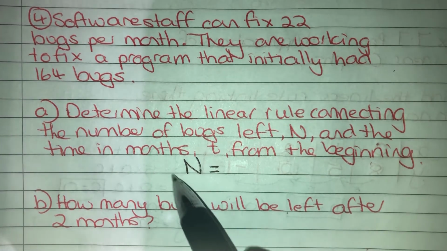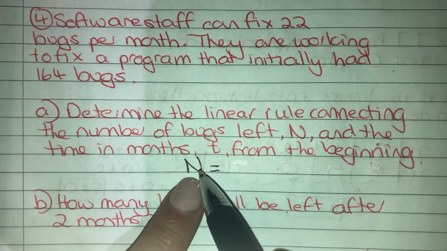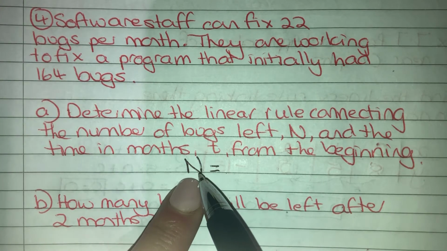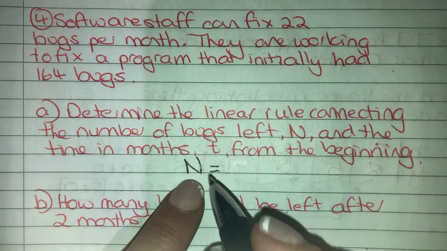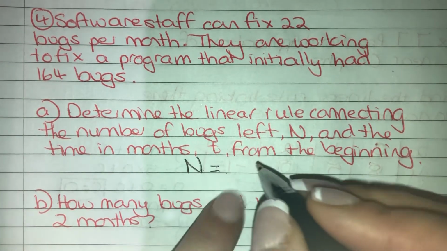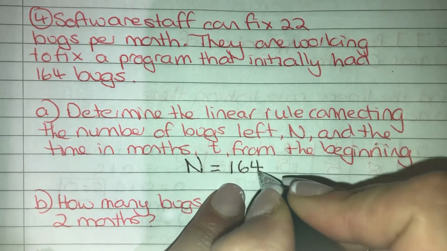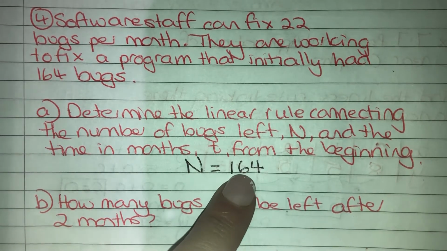So have a think about it. This is how many bugs are left. How many did they start with? If you want to know what's left, you've got to write down what they start with. This company says, come and fix my bugs. I have 164.